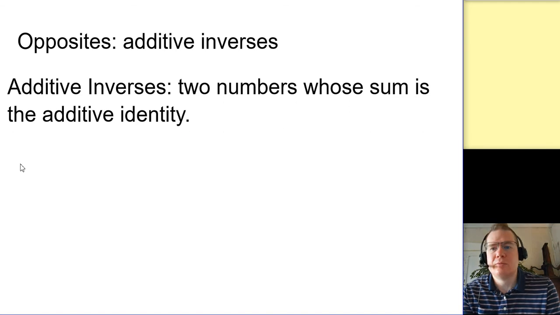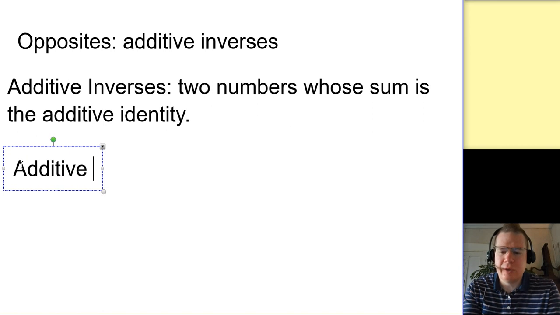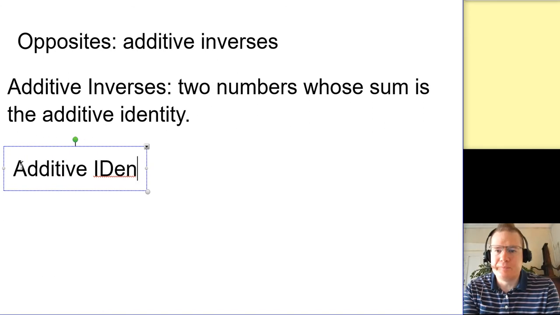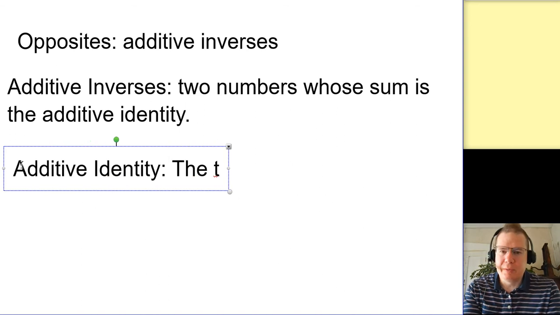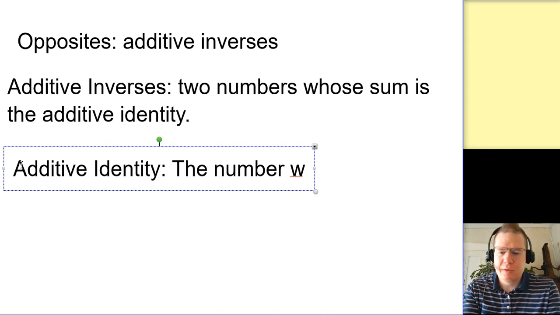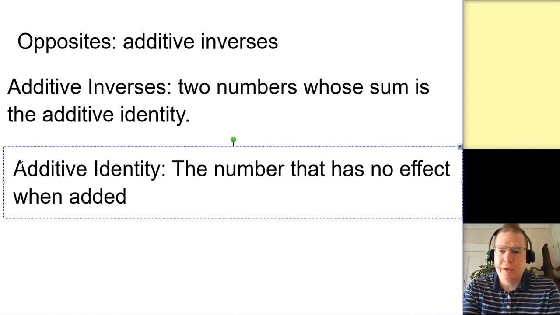Now, of course, you now want to know what the heck is the additive identity. It is the number that has no effect when added to another quantity.